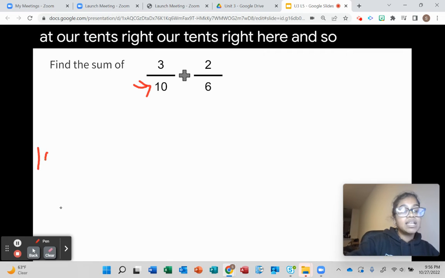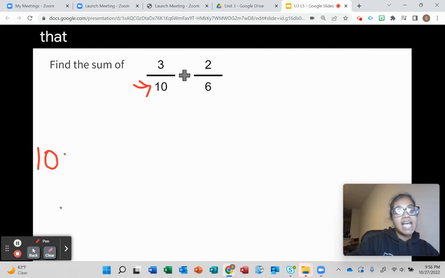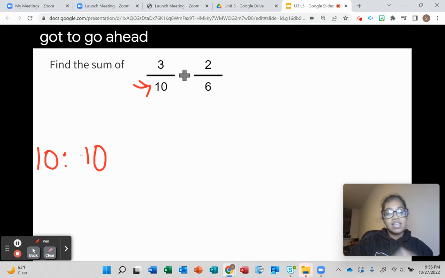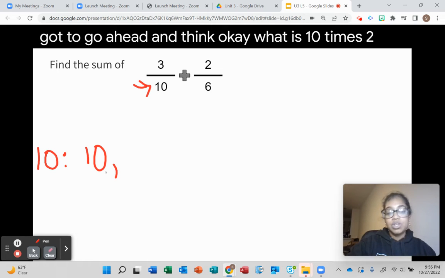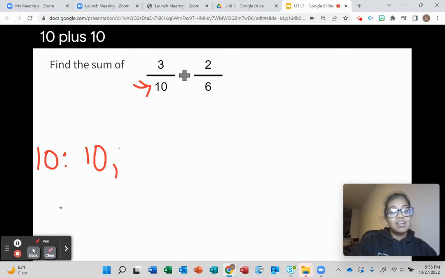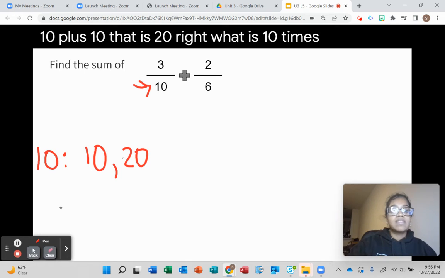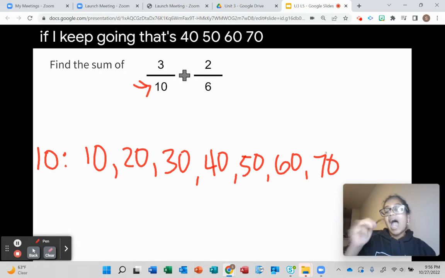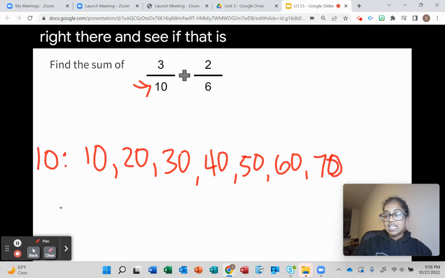And so I know that 10 times 1 is 10. So I'm going to write that. Now, what is 10 times 2, or 10 plus 10? That is 20, right? What is 10 times 3? That's 30. If I keep going, that's 40, 50, 60, 70. I'm going to stop right there and see if that is enough.